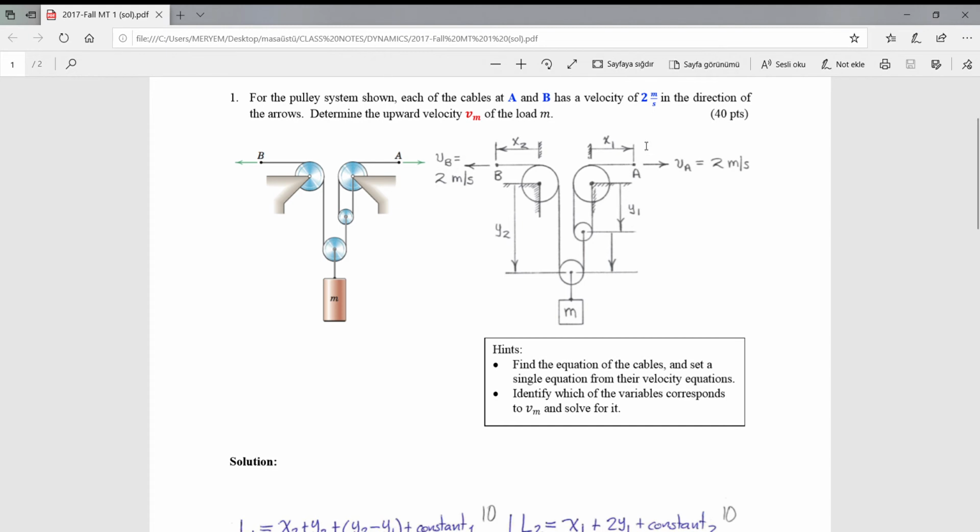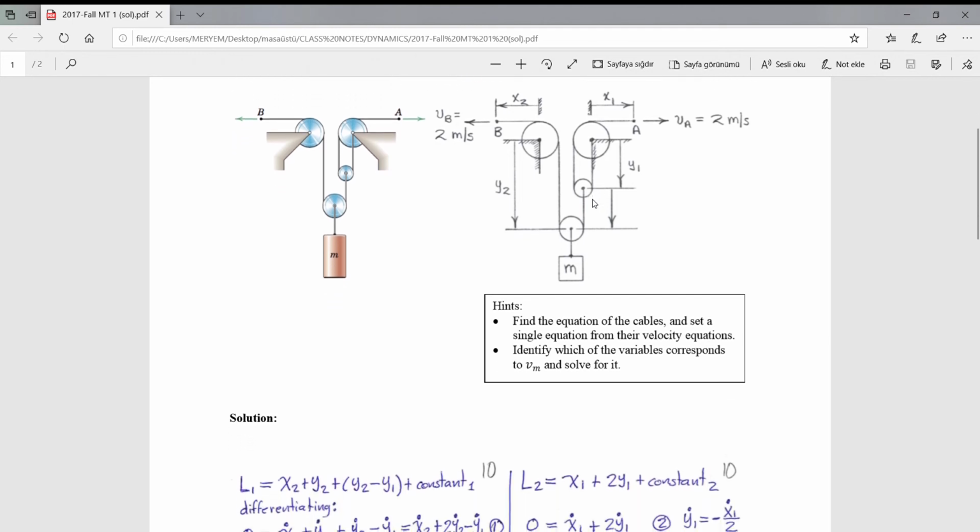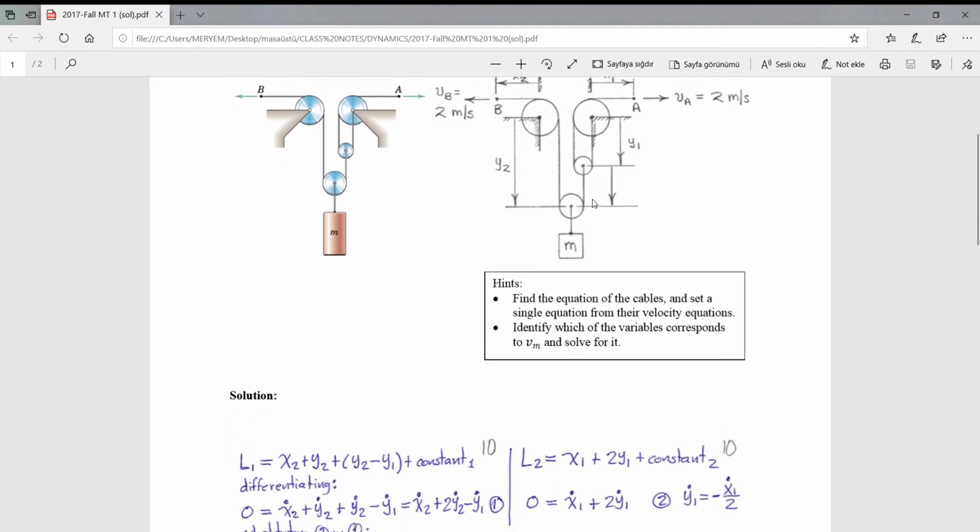And length L2 equals x1 plus 2 y2 and constant values, but we say that the constant value is not important because in the derivation this constant value disappears.